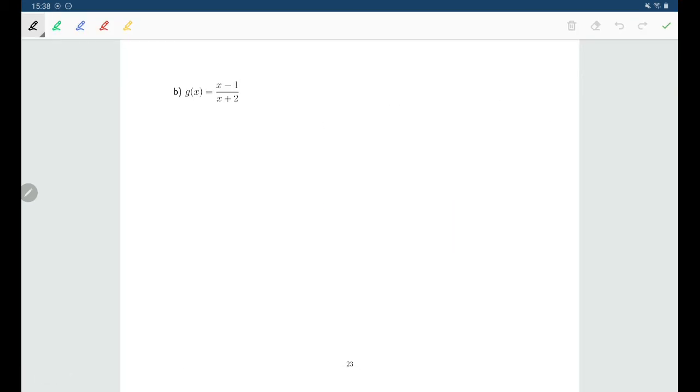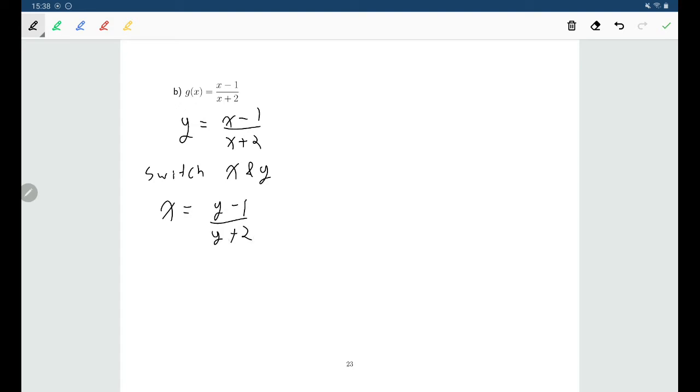And so let's do that. Let's first rewrite this as y equals. And then next we'll switch the x's and the y's, so that we'll have x equals (y minus 1) over (y plus 2).